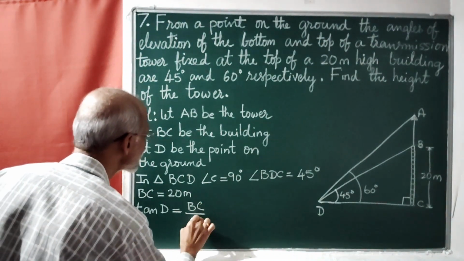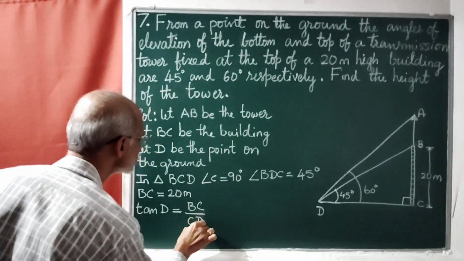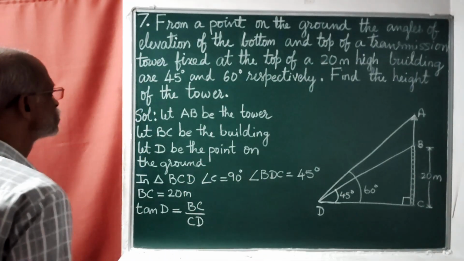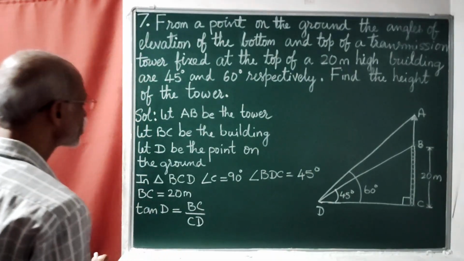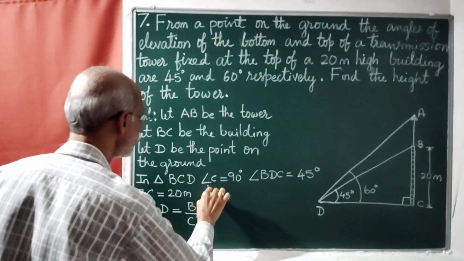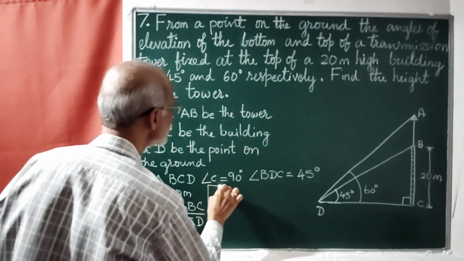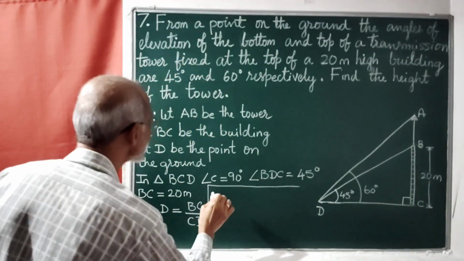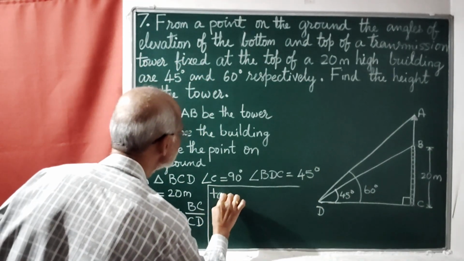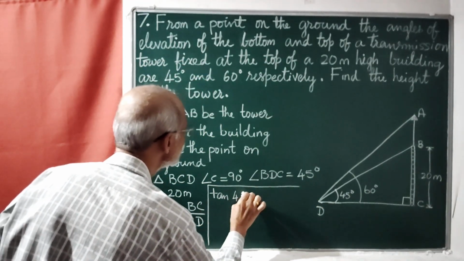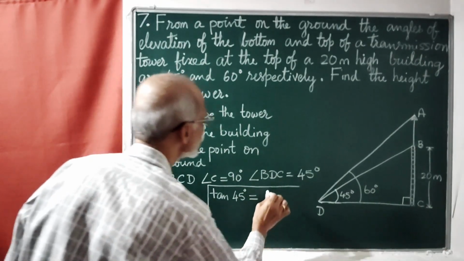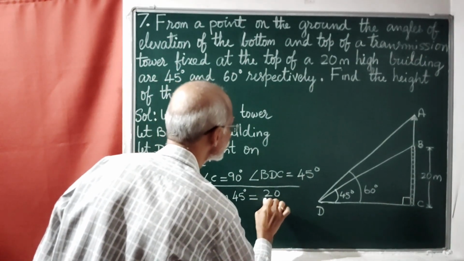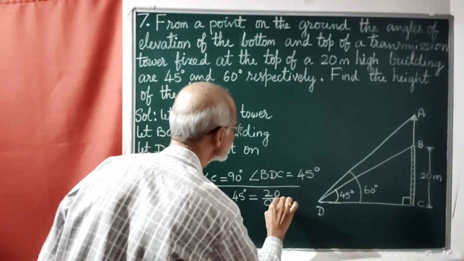So tan 45 degrees is equal to BC, which is 20, by CD.